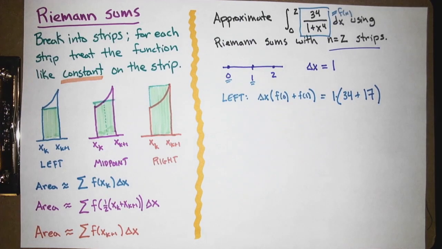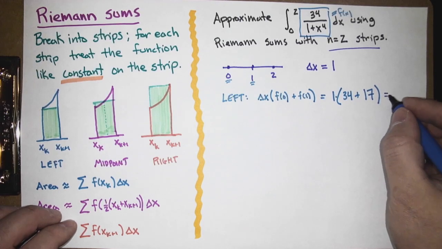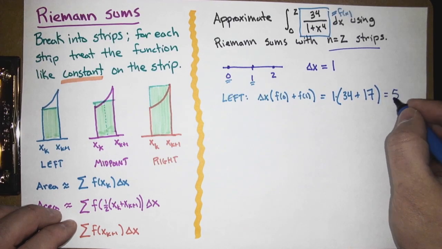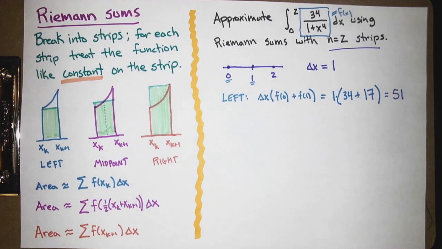Right? 34 divided by 2, 17. And that gives us a total of 51. Okay, great. So there's an estimate. Is it good? We'll find out. But there are other estimates that we can make.